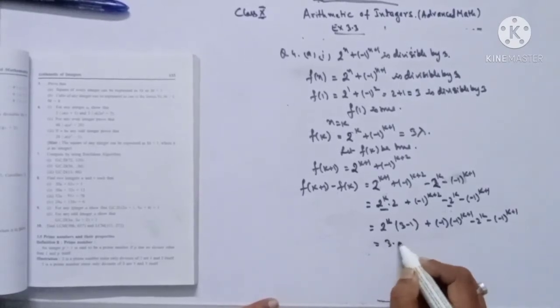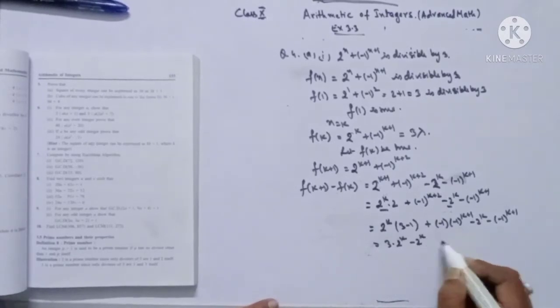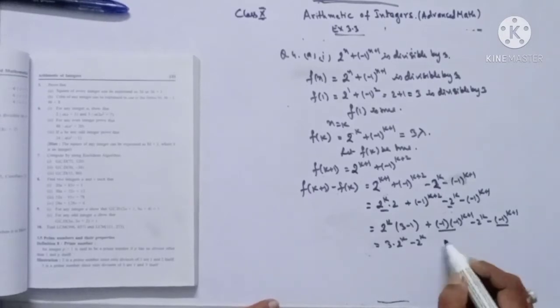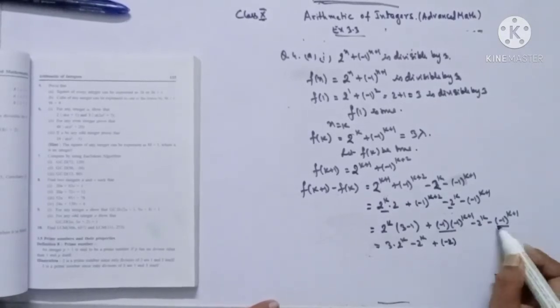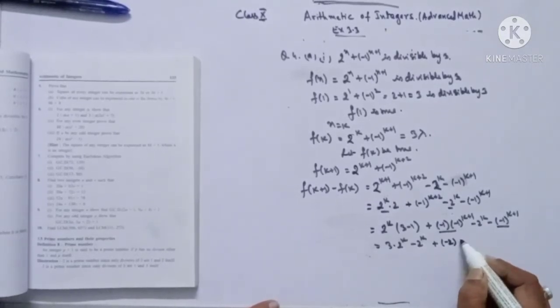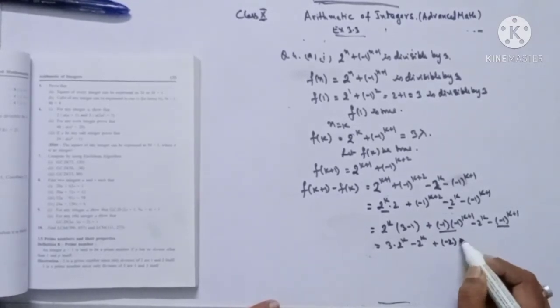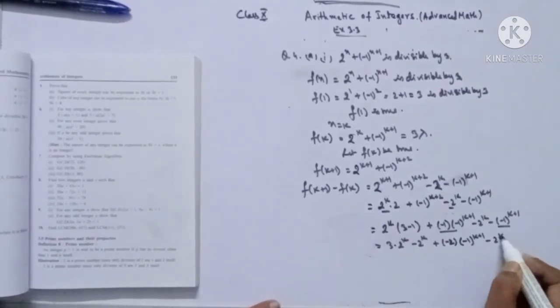So this will be 3 into 2 to the power of k minus 2 to the power of k, and again here this will be minus 2, minus 1 to the power of k plus 1, and then minus 2 to the power of k.